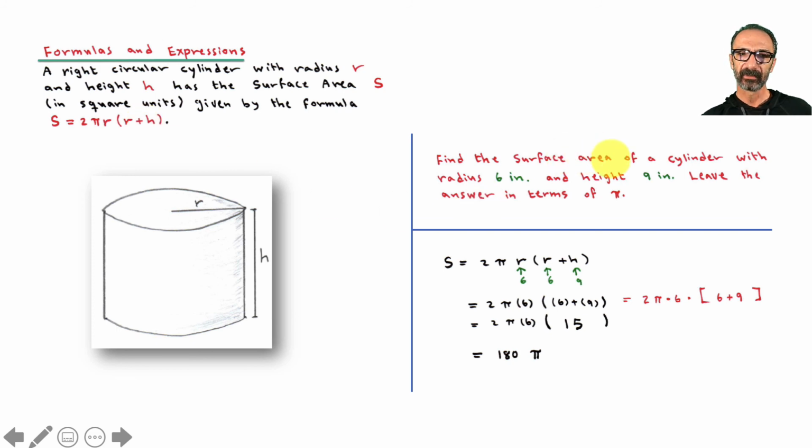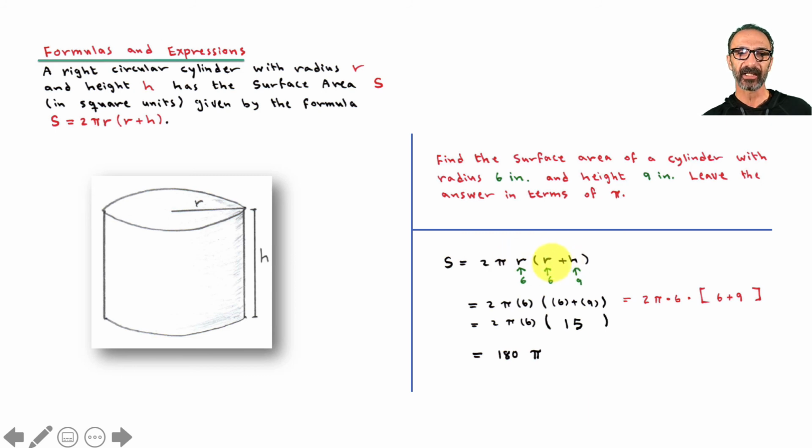Find the surface area of a cylinder, we know the formula, with given radius 6 inches and height 9 inches. Leave your answer in terms of pi. Well, here's the formula right here. Plug in 6 for r, plug in 6 for r, plug in 9 for h, for the height. Now we need to use the order of operations.